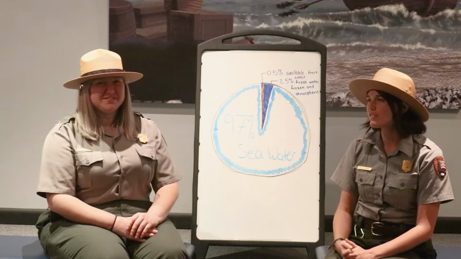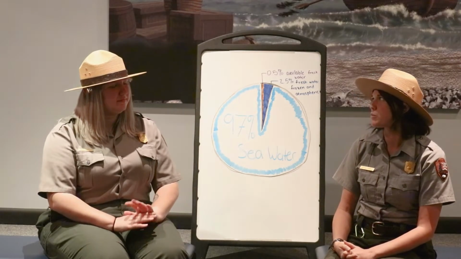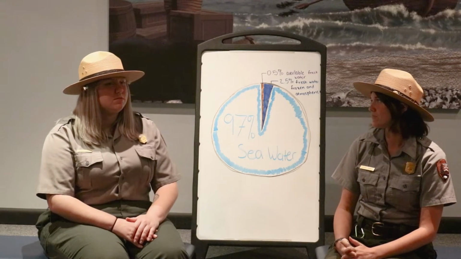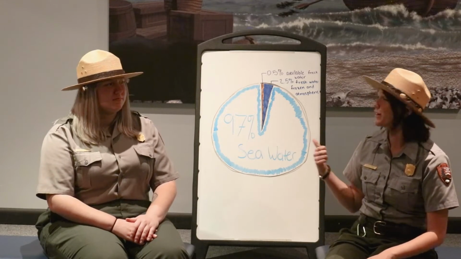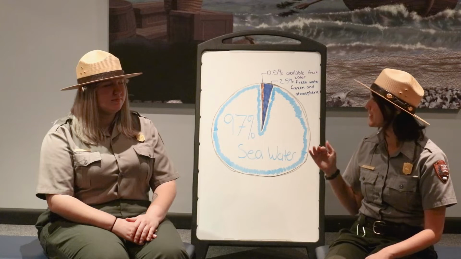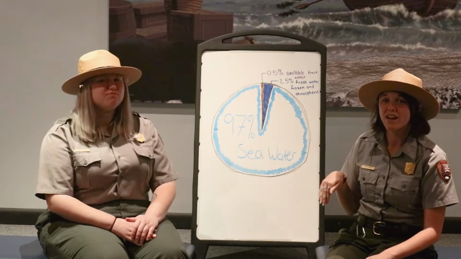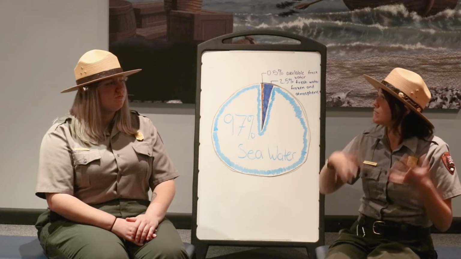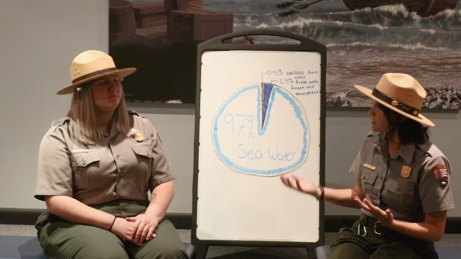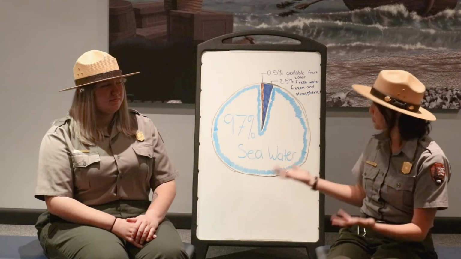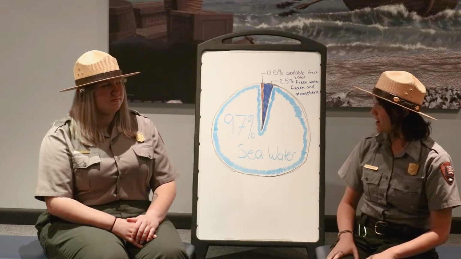And do you normally see more green or more blue? Probably more blue. Yeah, awesome. So that's correct. You should hopefully see more blue than green, and that's because 71% of the Earth's surface is covered in water, which is a pretty big portion of it.